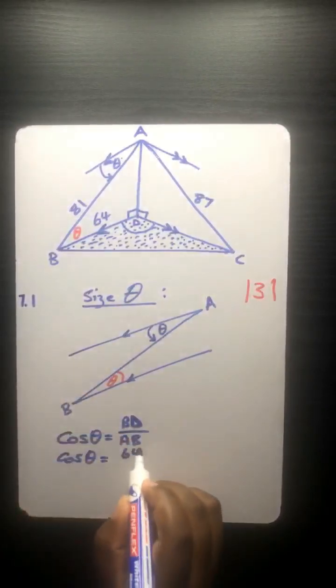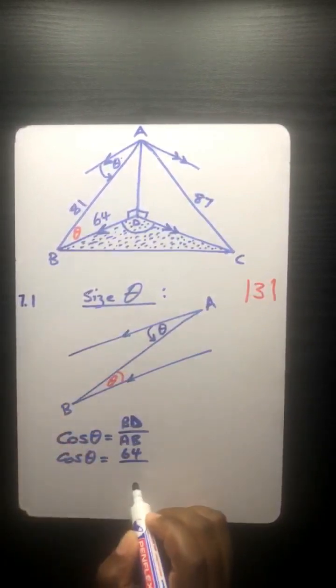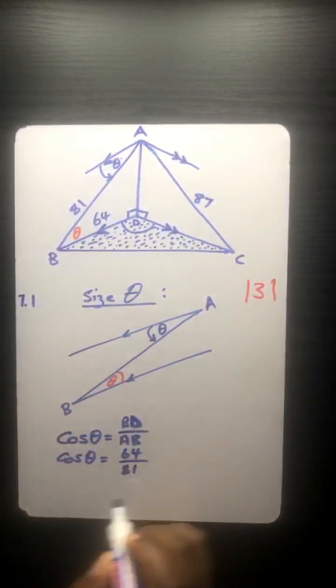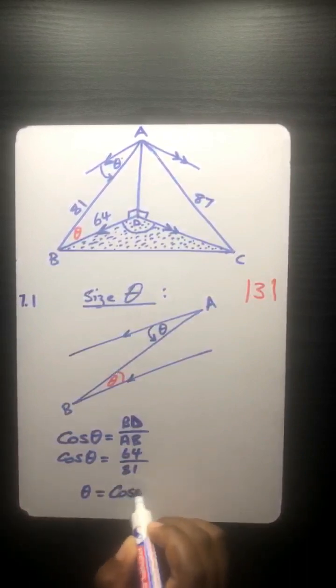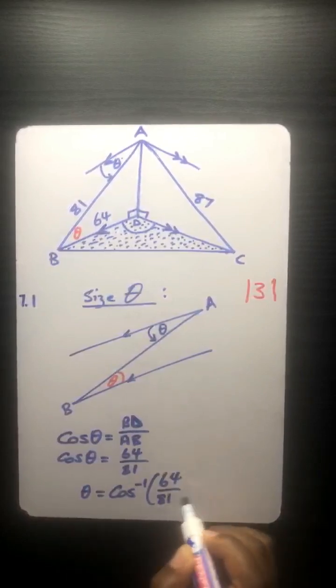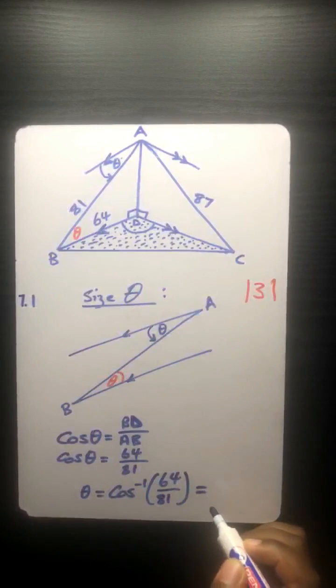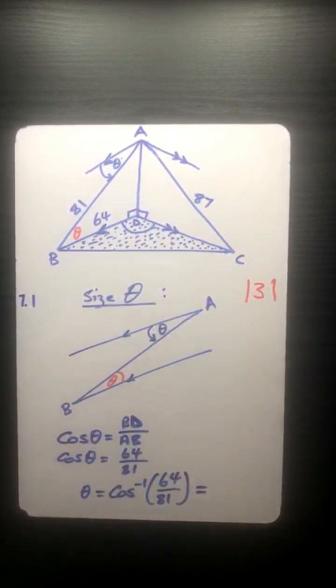BD is 64 meters. What is AB? AB is 81. Meaning angle theta is going to be the second function of cos, 64 over 81, which is equal to what? What are you getting when you punch all of that on your calculator?